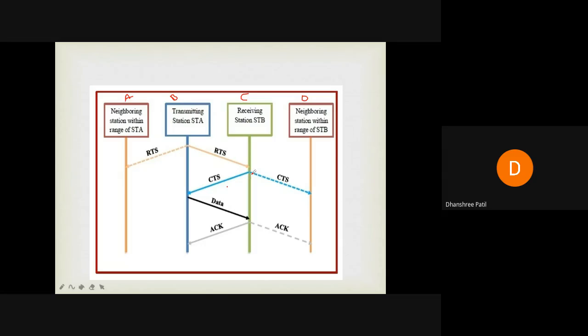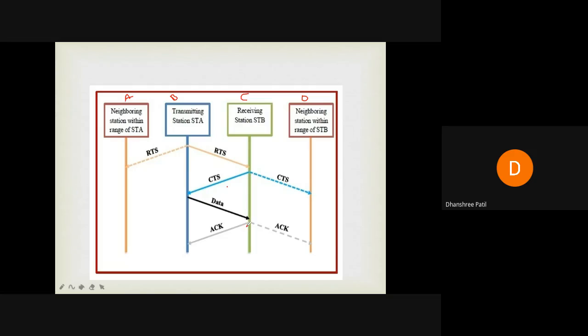But while sending the CTS, as C is not aware who has sent this RTS, either B or D, what will C do? C will send a clear to send frame to B as well as D, because B and D are the neighbors of C. Now B wants to send the data, so once B gets a CTS frame from C, it will start the transmission and send the frame.